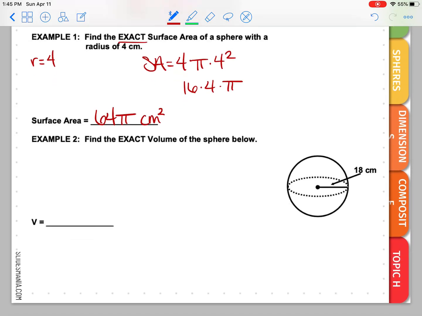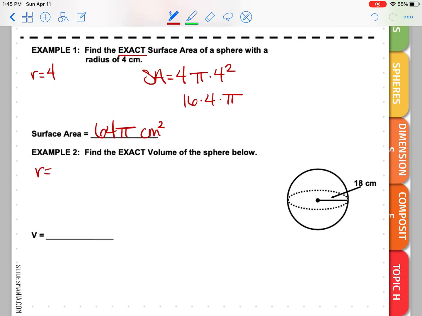All right, next one, we're just doing the volume. Again, we need our radius, so we look at our picture. The radius is drawn as 18. And so our formula here is 4/3 times pi times our radius cubed. So what you would do is do 18 cubed times 4, divide all that by 3, and then stick pi at the end.